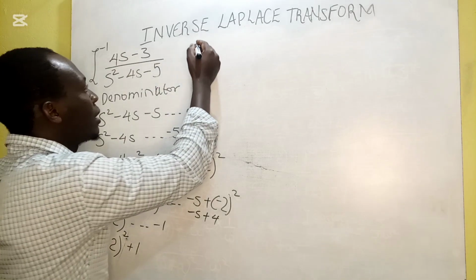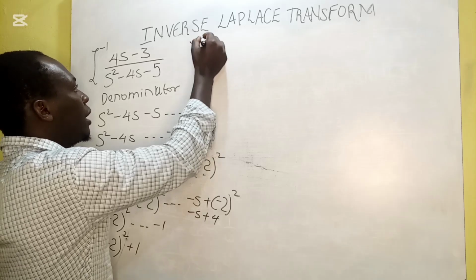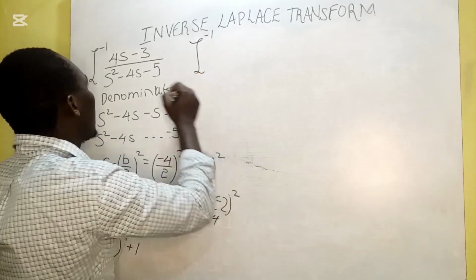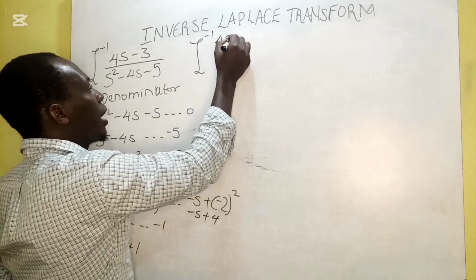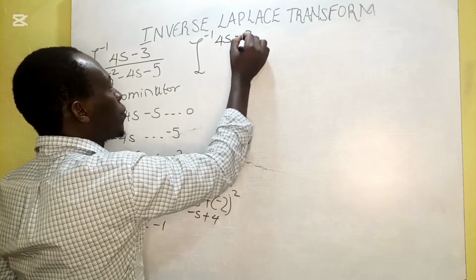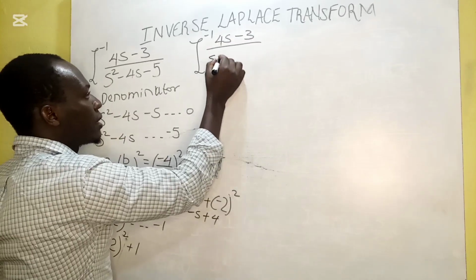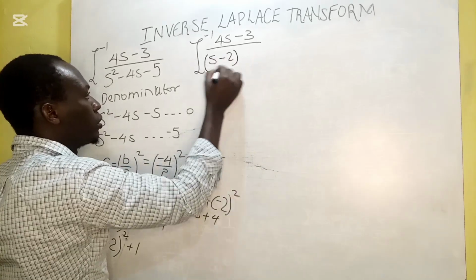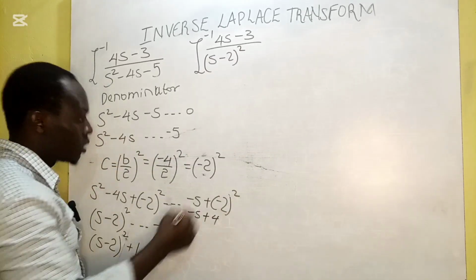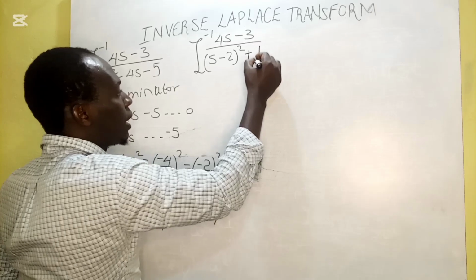Now we can come and rewrite everything and say the inverse Laplace transform of 4s, we subtract 3, all over s, we subtract 2 squared, we come and add 1.